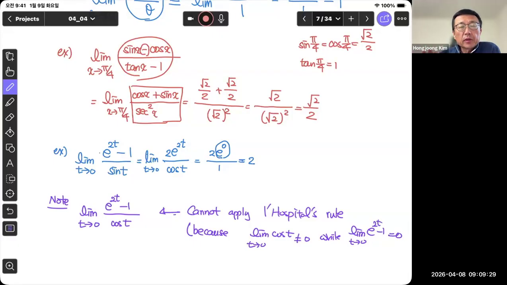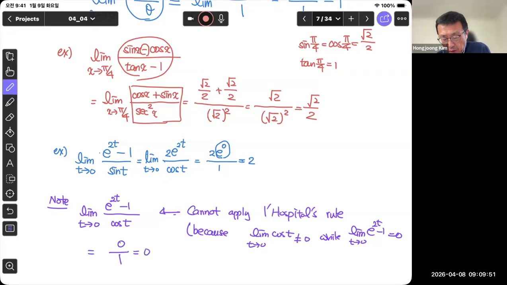So one goes to 0 while the other converges to some non-zero value. Cosine t is approaching the value 1, so the limit is 0 over 1, which is 0.